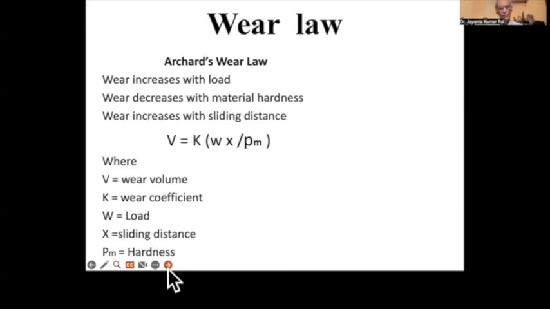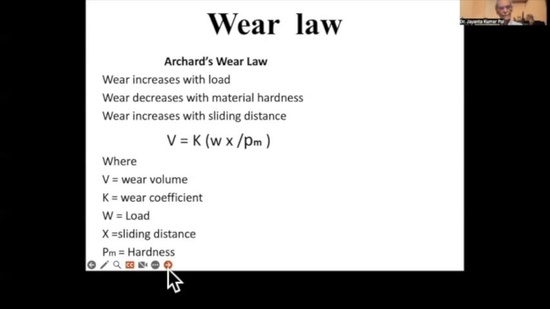Now, this does not require much thinking, because it's a common experience that if you take a chalk and draw a line on the blackboard, the harder you press the chalk, the more it will wear out. This is our common experience. So V is proportional to W. There's no problem in that.